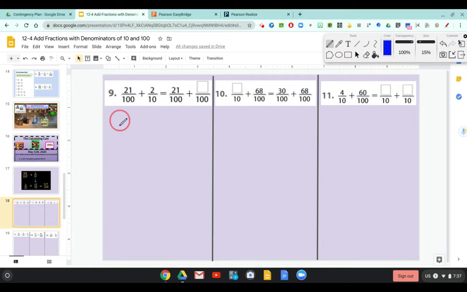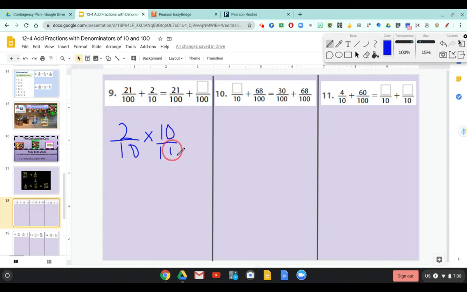And here we're going to need to change tenths to hundredths. So we know if we take 2 tenths, we can multiply by 10 over 10. And then we'll multiply the numerators.